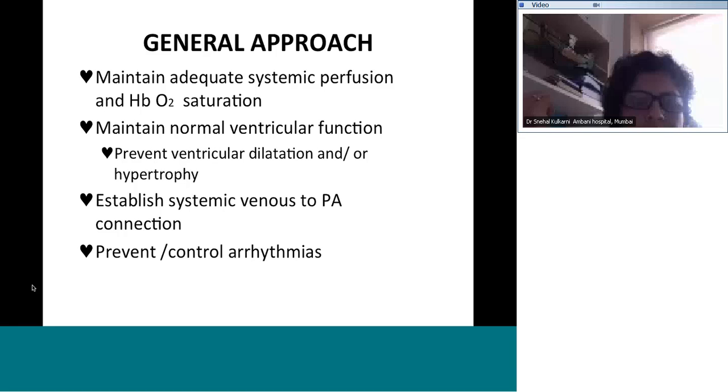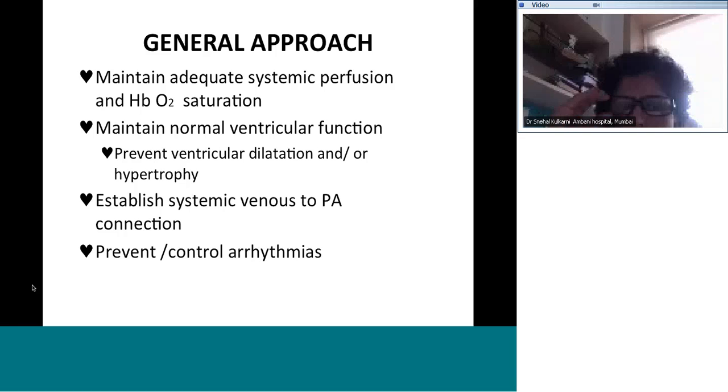If your ventricle starts dilating or becoming hypertrophic, especially as I said, if you have a restrictive bulboventricular foramen, it causes subaortic obstruction. Your LV end-diastolic pressure keeps on going up like 15, 20. They don't become suitable candidates for a Fontan completion or for a single ventricle repair in future. So it's very important from the beginning to prevent ventricular dilatation and hypertrophy.